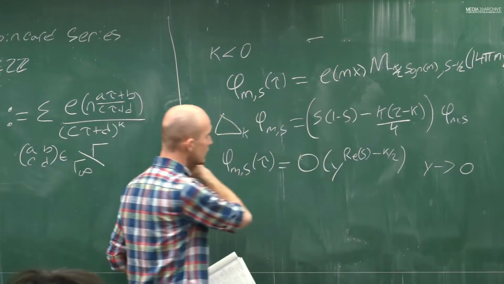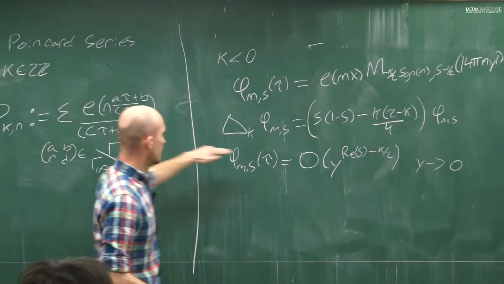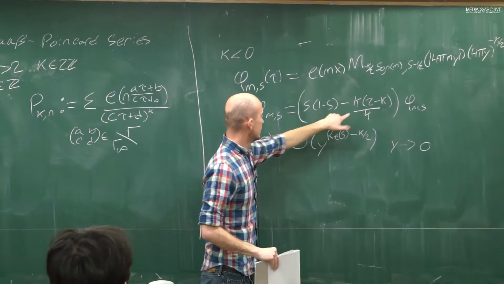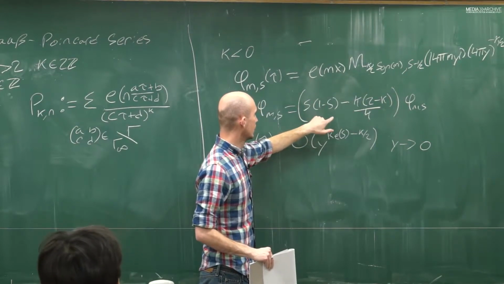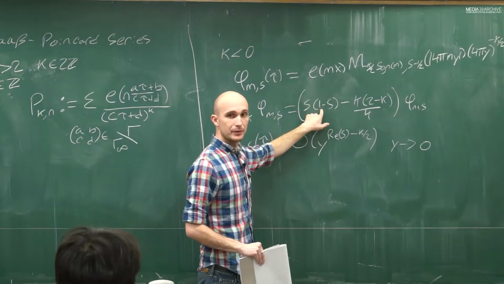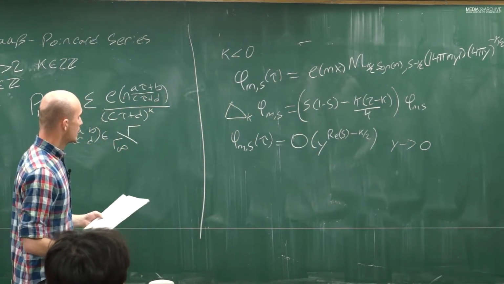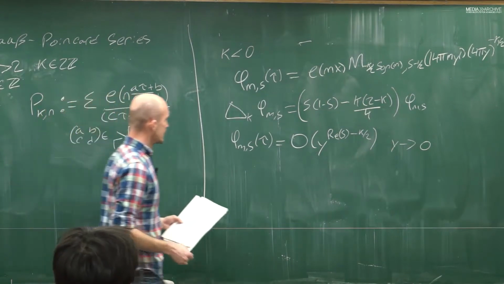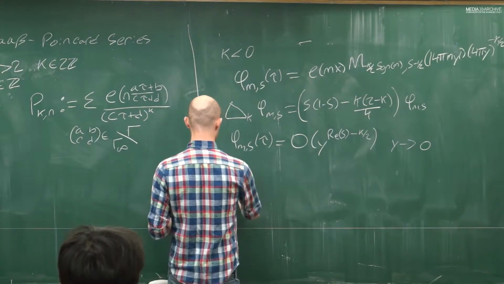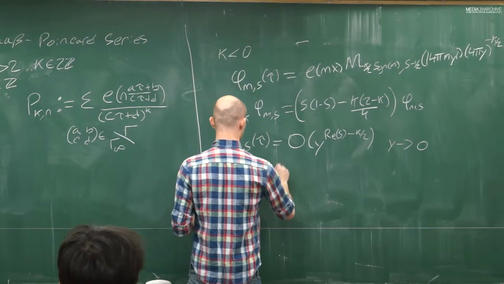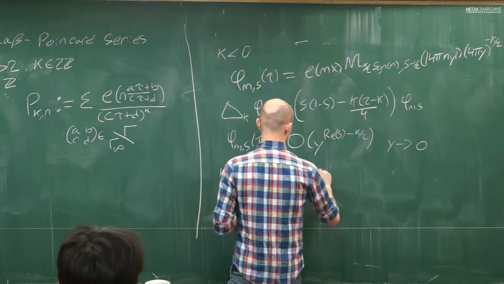Now, if we want to get a harmonic Maass form out of this averaging procedure, we want to specify s to be either k halves or 1 minus k halves. Since k is negative, we're going to take s to be 1 minus k halves. In that case, this will be harmonic.